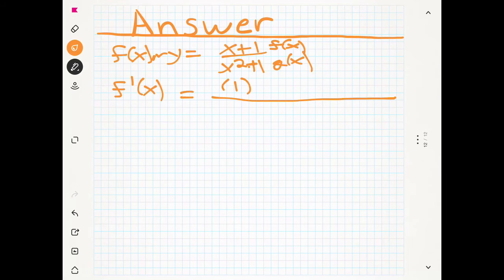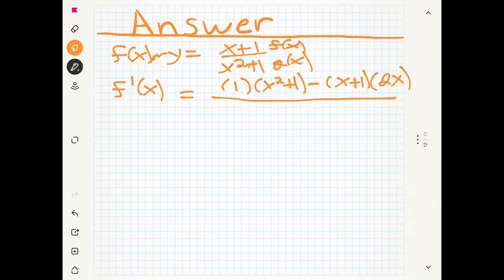That 1 comes down. 1 minus 1 is easily 0. x to the power of 0 is just 1, so 1 times 1 is only 1. All right, and then I'm going to multiply that with the original function for g of x, which is just x squared plus 1. Remember, subtraction sign, not addition. And now I'm going to take the original function of f of x, x plus 1, and now multiply it with the derived version of g of x, which should just give me 2x.